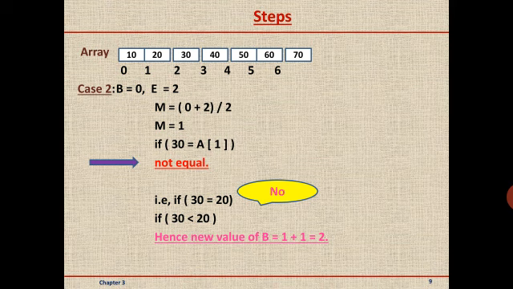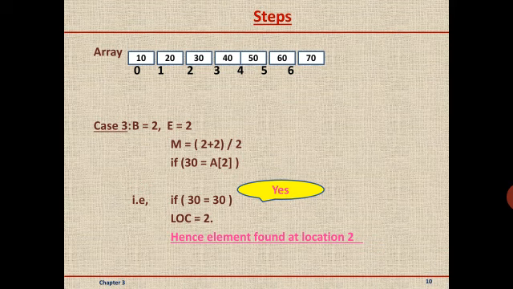Since in the second case also we could not match the element 30 with 20, we are proceeding to the next step, that is case 3.